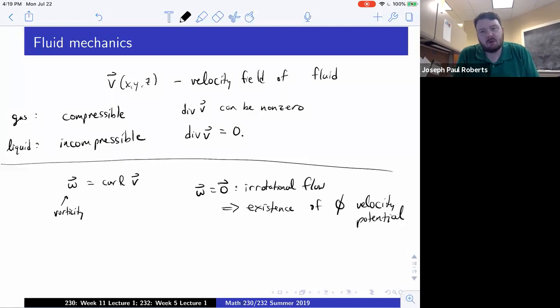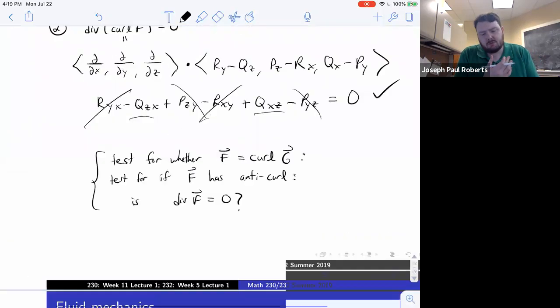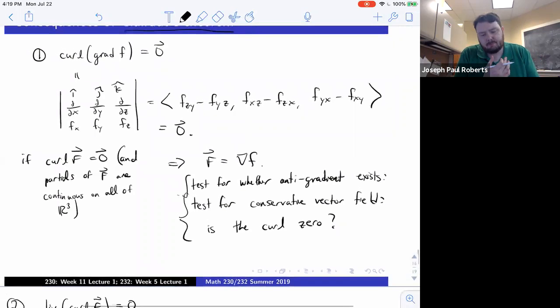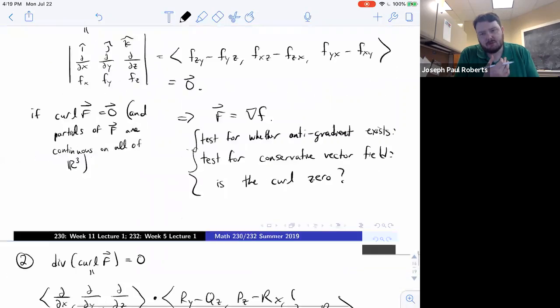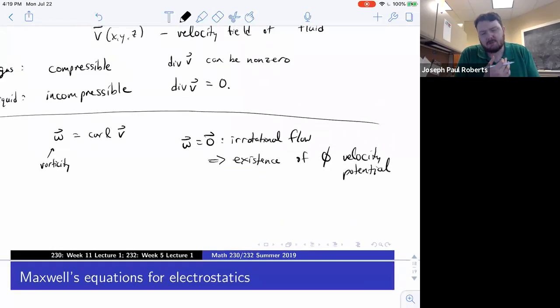So the word potential is sort of borrowed from the potential energy concept. Remember, vector fields whose curl is 0 have potential energy functions. So in the context of fluid mechanics, that's called potential flow, or you have this existence of some function phi called the velocity potential.